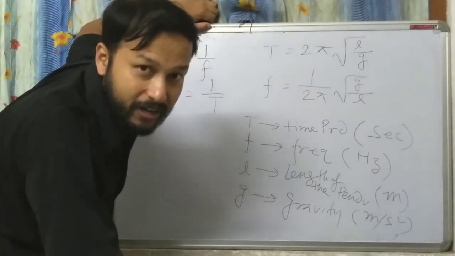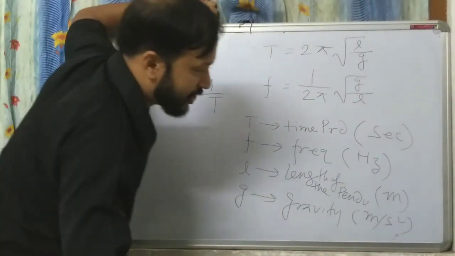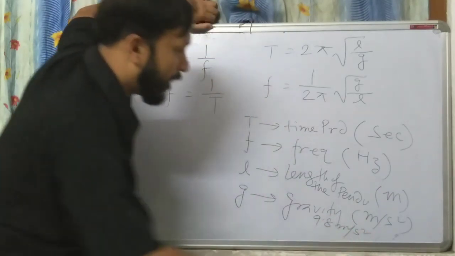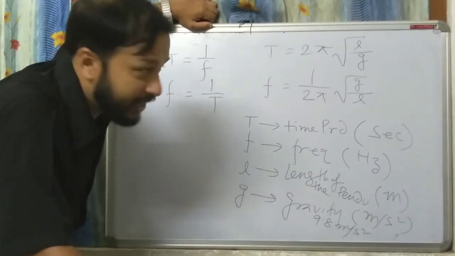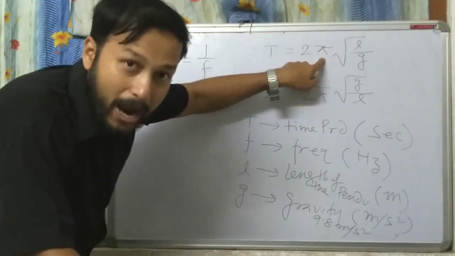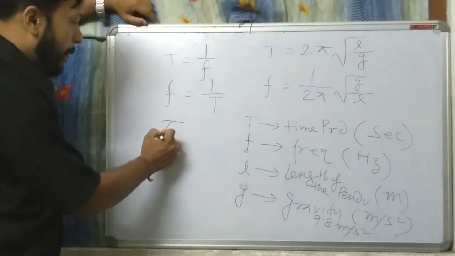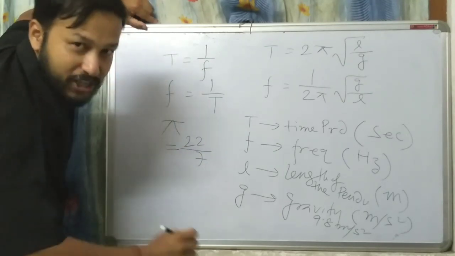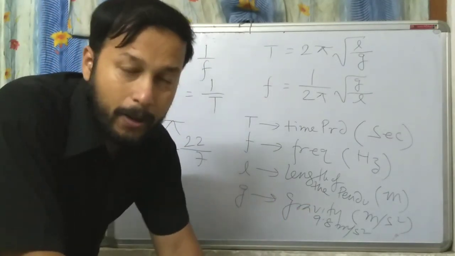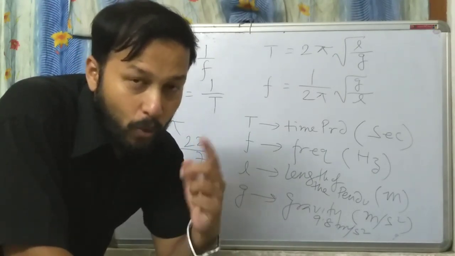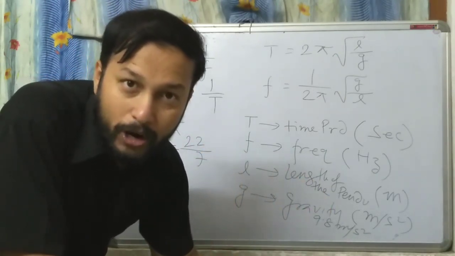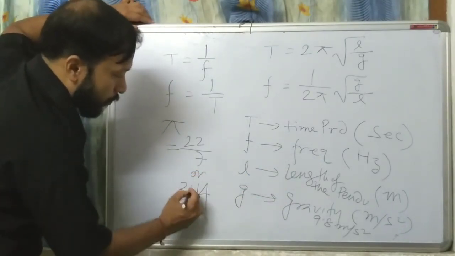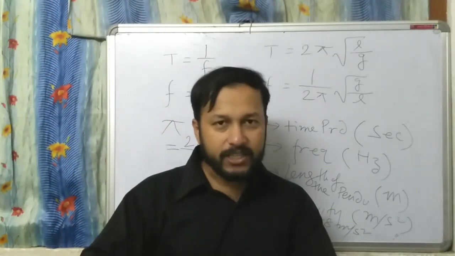And I told you the value of gravity is 9.8 meter per second square. This is the value of gravity. And you also know pi. The value of pi is 22 by 7. Actually there is one more value of pi. So pi has two values: one is 22 by 7, another is 3.14.